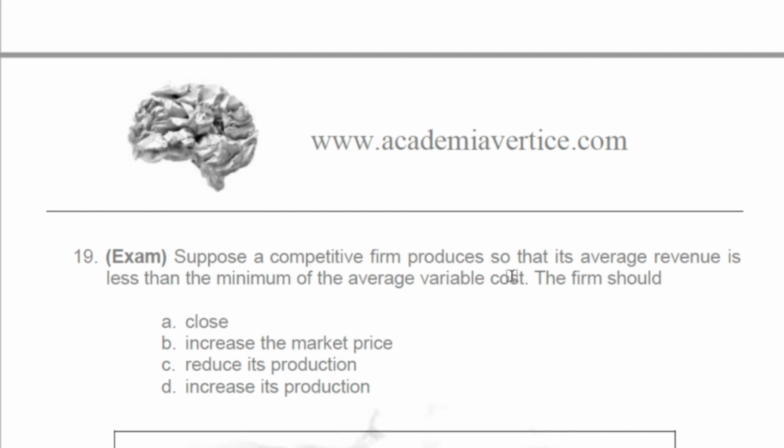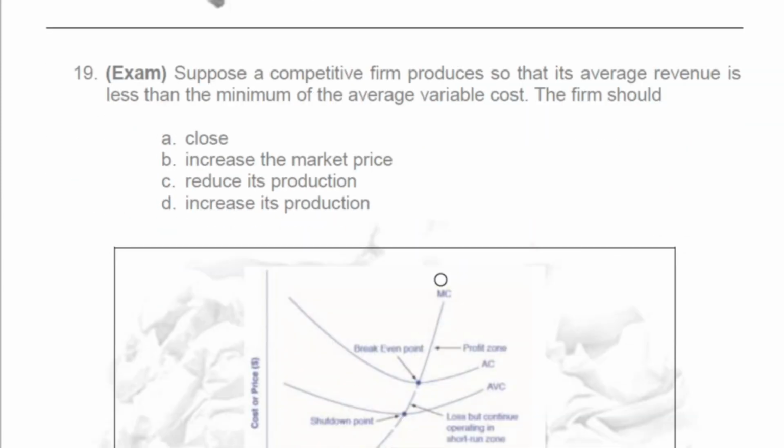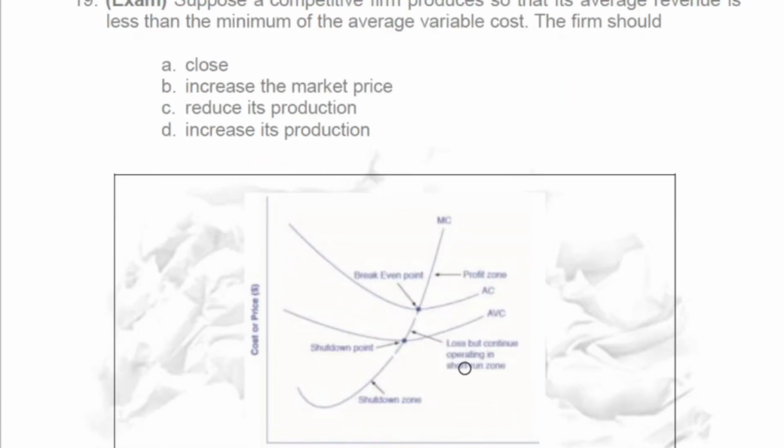the average variable cost. Well, we draw the graph, the typical graph, and we have that from the minimum of the average variable cost to the downside, we shouldn't produce, okay? Shutdown zone. Why? Because if I produce, I lose more than if I don't produce. Okay, I would lose more than my fixed cost. Yeah, so the firm should close, if I'm not wrong.